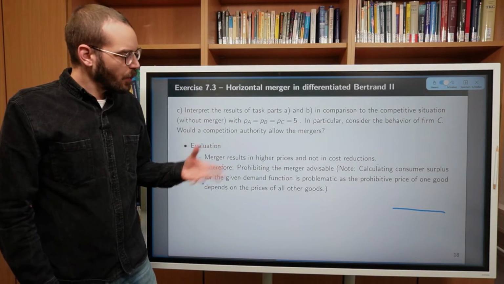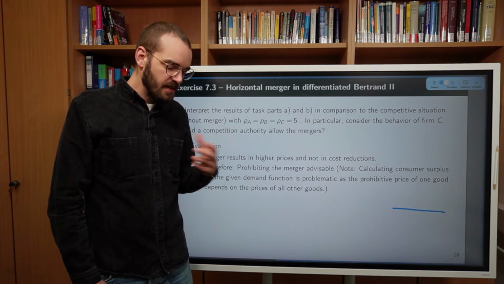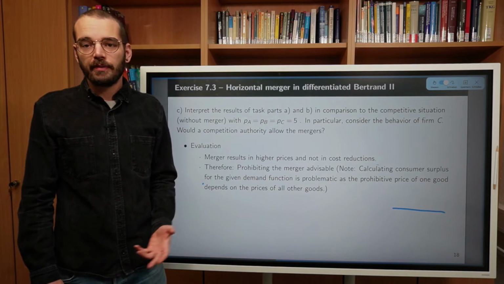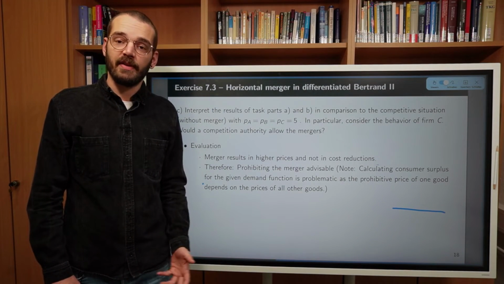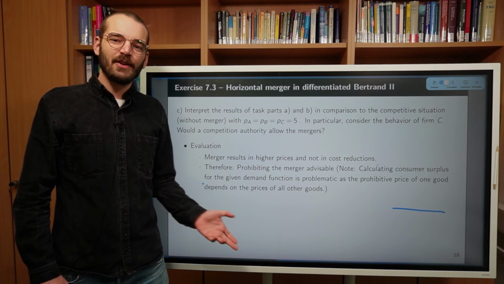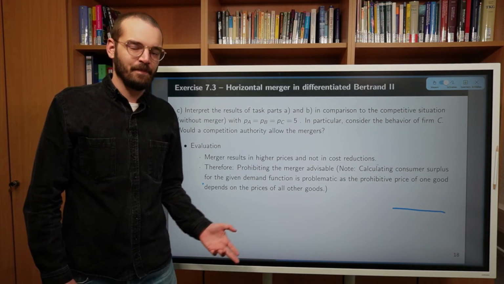Now, usually we would like to refer to either the total welfare standard or the consumer welfare standard, both of which, however, rely on a calculation of consumer surplus.